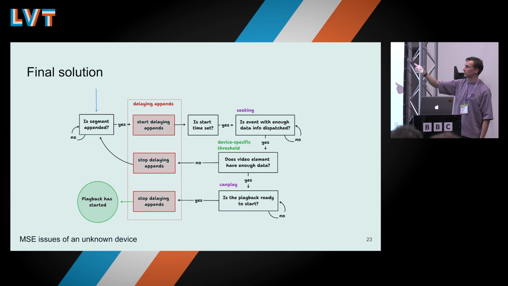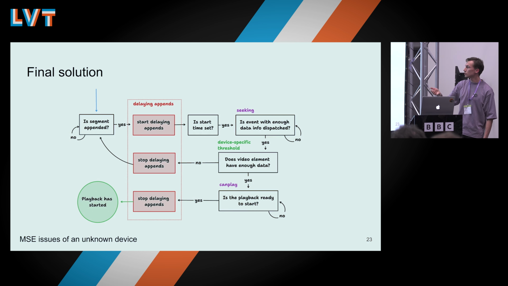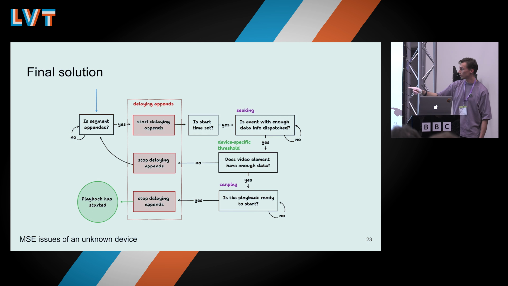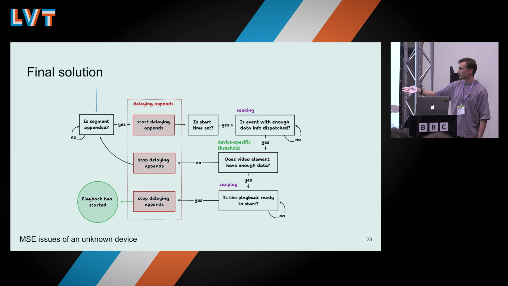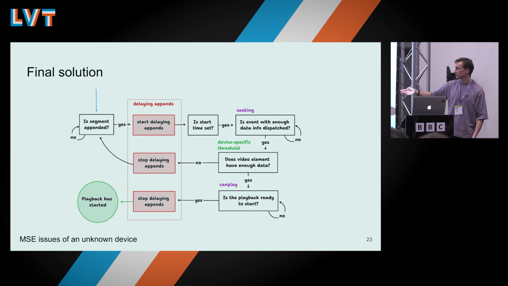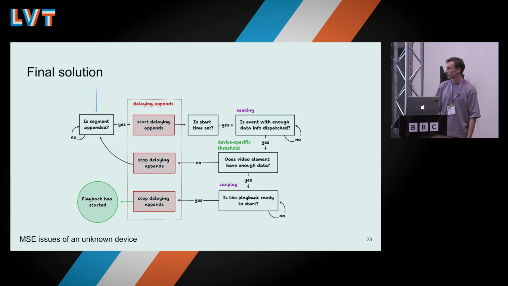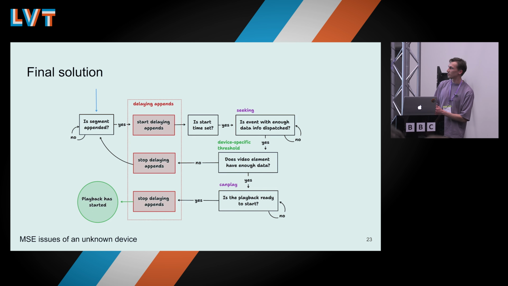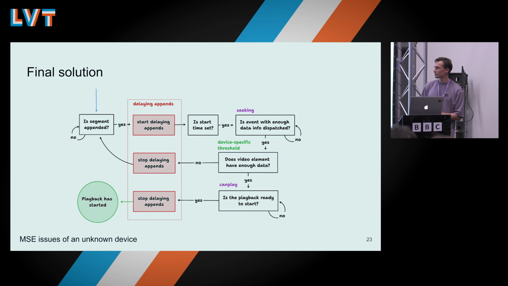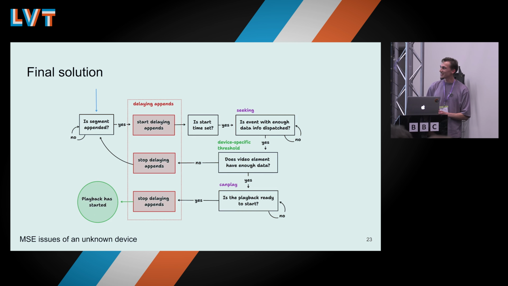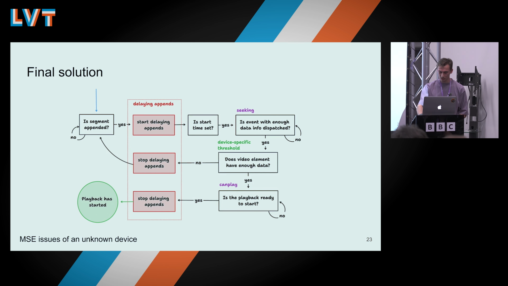We decide based on the threshold that we introduced, and then we are waiting for canplay. And then we are ready to start. We just at some point stop delaying the append and start playing. So this is how it looks now. I wouldn't have thought it would be that complicated, but it turned out that low-tier devices are not that simple.